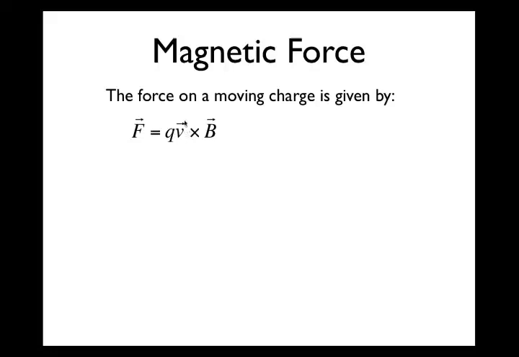How fast those particles are moving matters, so that's the v, the velocity, and the magnetic field matters as well, and that's abbreviated with the capital B. The velocity and the magnetic field are both vectors, and when you need to multiply two vectors together, there are two ways to do that. You can do it with a vector dot product, and we do that when we're calculating, for example, work.